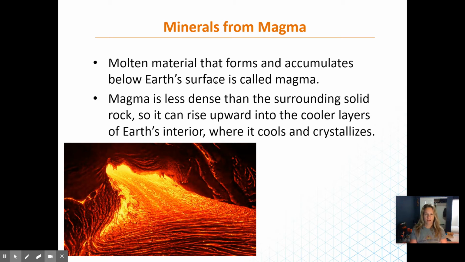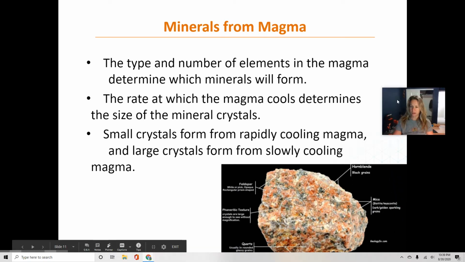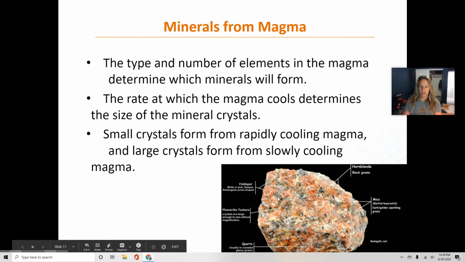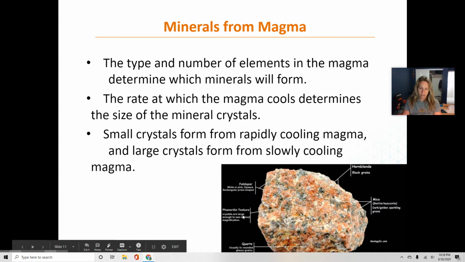Like, for example, granite. Granite has a whole bunch of different colors because it has a whole bunch of different minerals mixed in there. All right, so here is a piece of granite. And you can see on this, we've got feldspar. It's listing all the things that are there. So we've got feldspar. It talks about the texture. It's a phaneritic texture, which just means that it's large crystals.